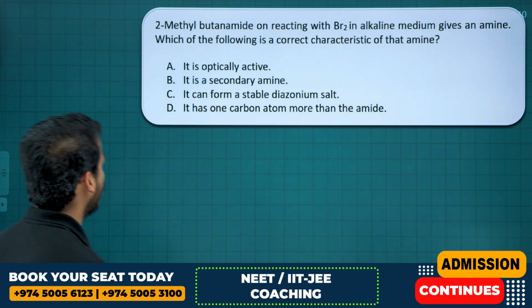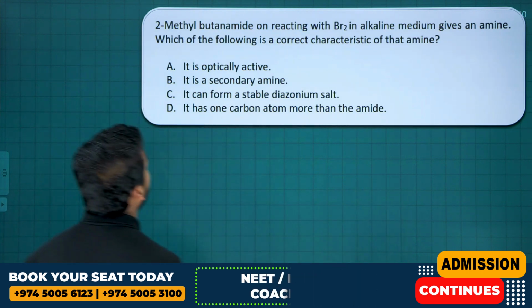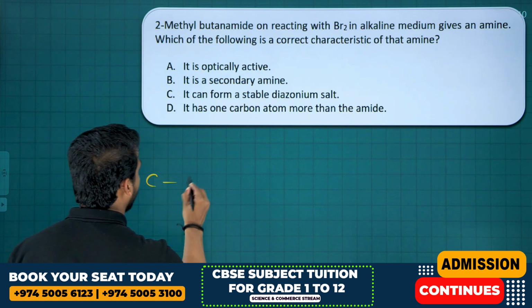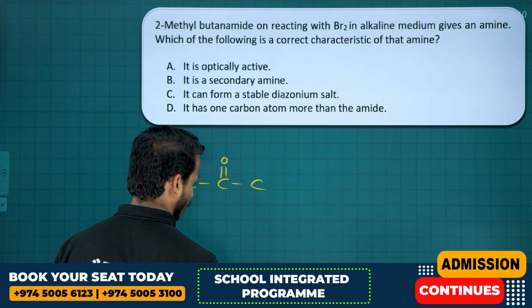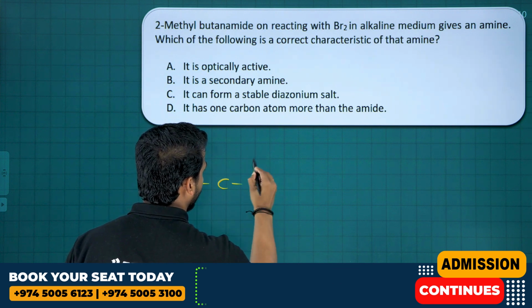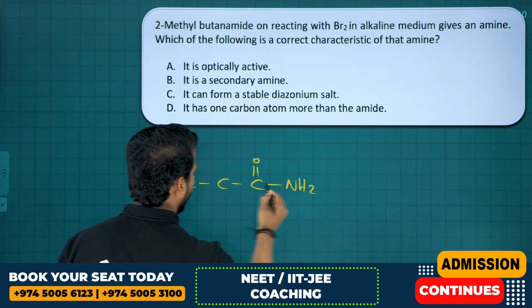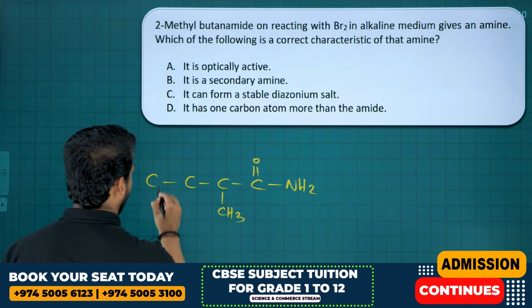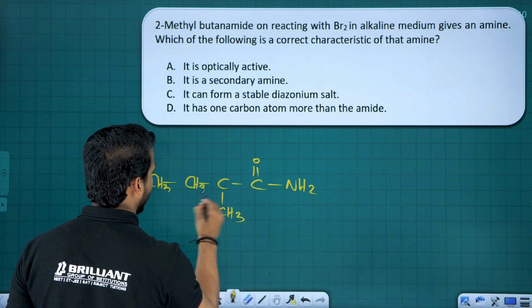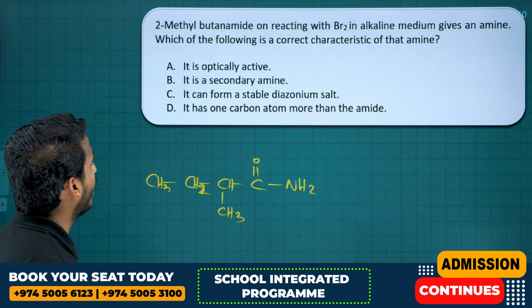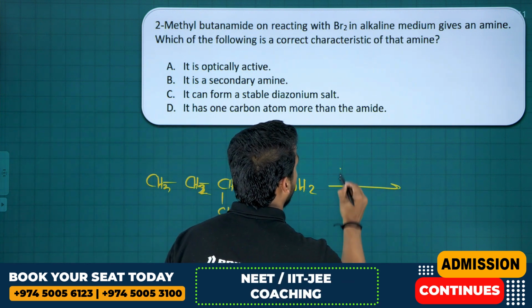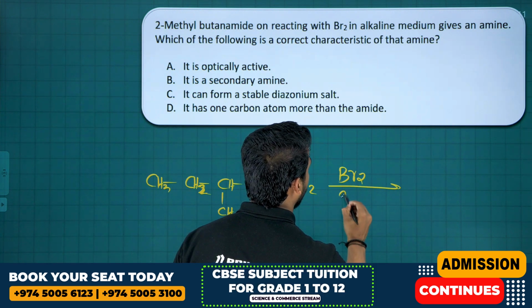Okay, next one. 2-methyl-butanamide. This is butanamide, with a methyl group at the second position. 2-methyl-butanamide on reaction with bromine and alkali.